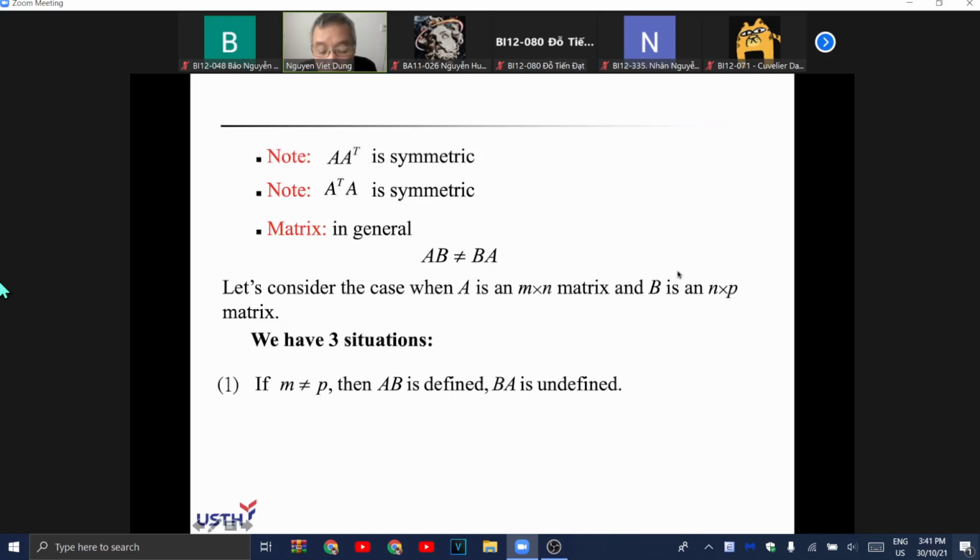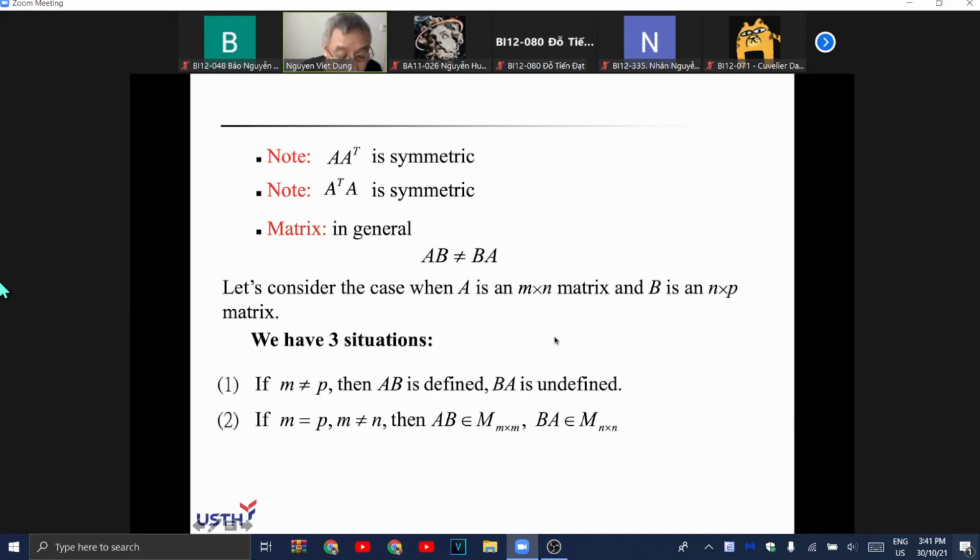The number of columns of the first is P, the number of rows of the second is M, and P is not equal to M. So BA is undefined. We can define AB, but BA cannot be defined, so we cannot have AB equal BA. So that is the first situation.